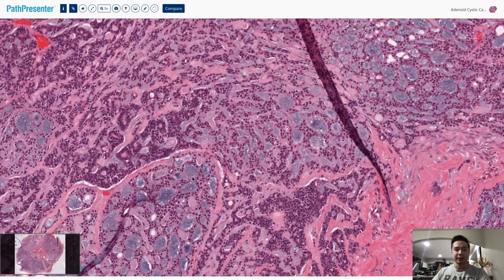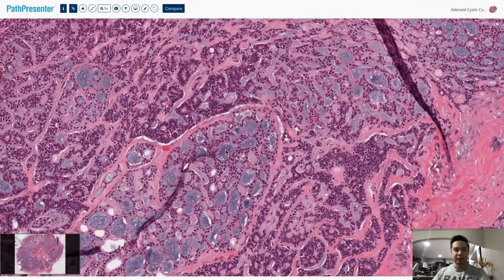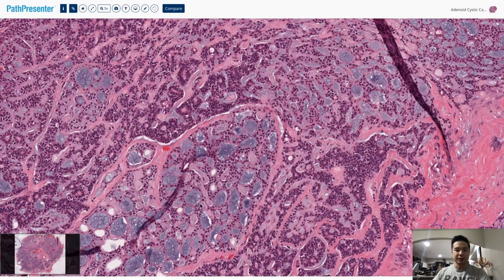But your telltale sign, especially for boards, is these well punched out structures, because a differential is basal cell carcinoma, which can have myxoid changes, but it won't be as clear cut as this.